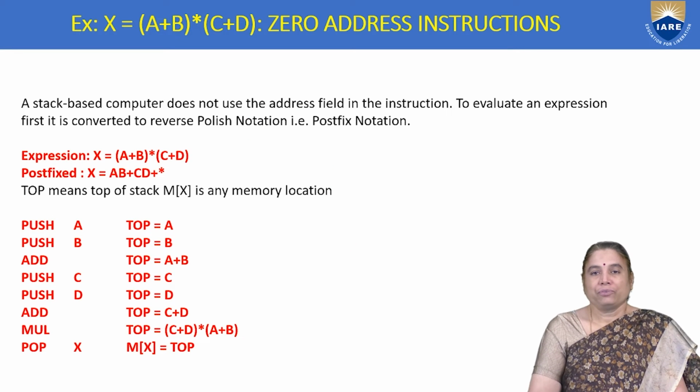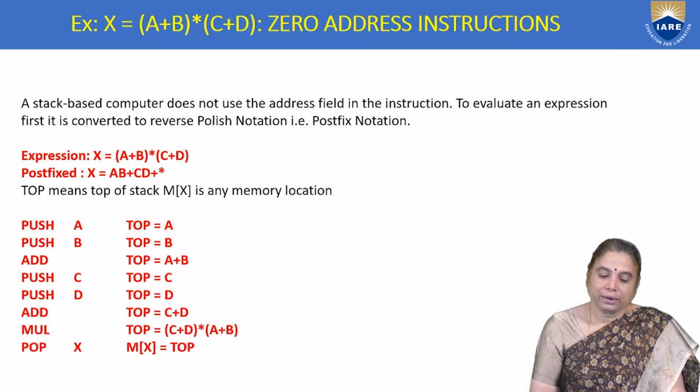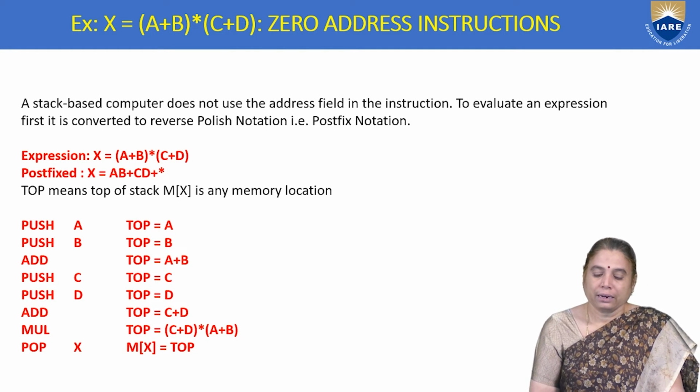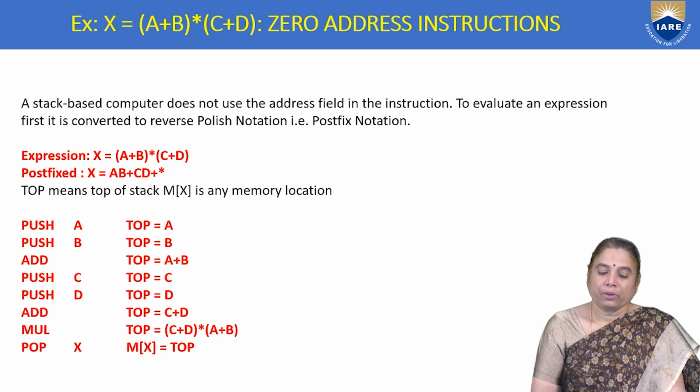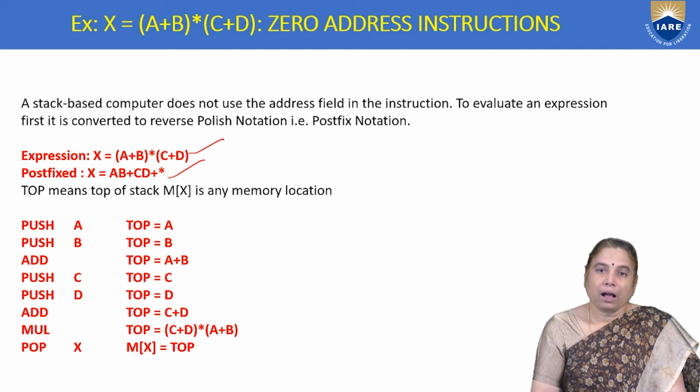So in the case of 0 address instructions, how can this be evaluated? The stack organization can be used, so the expression is first converted into postfix notation, that is, the operands are specified first and the operator later.